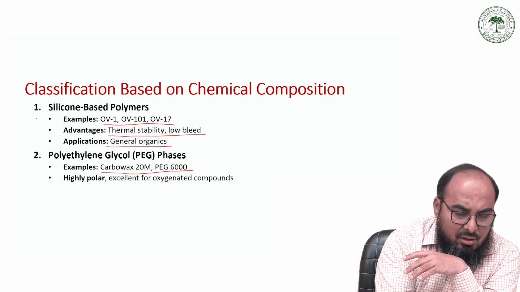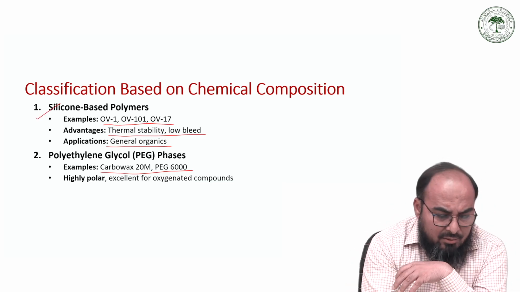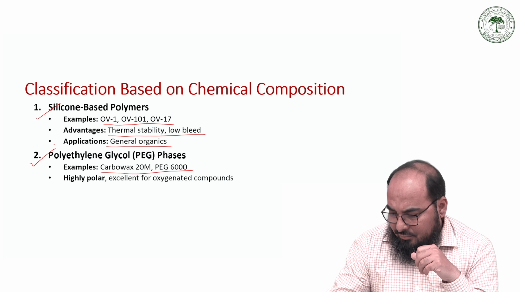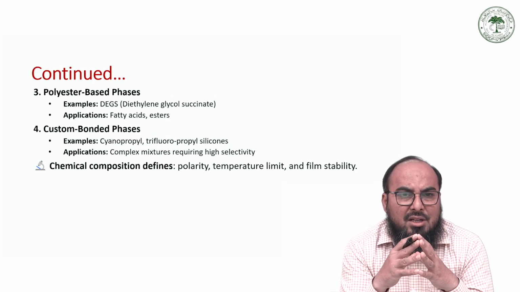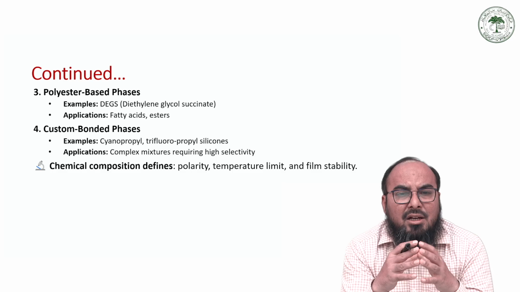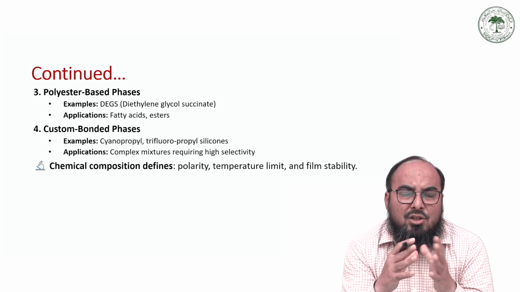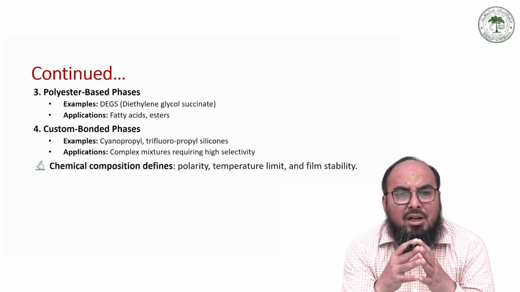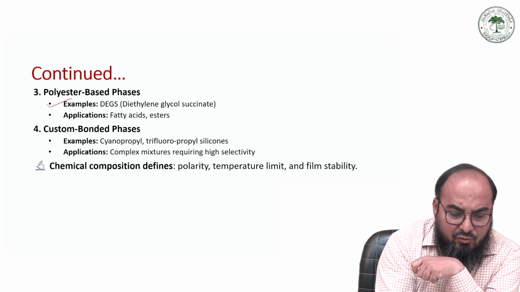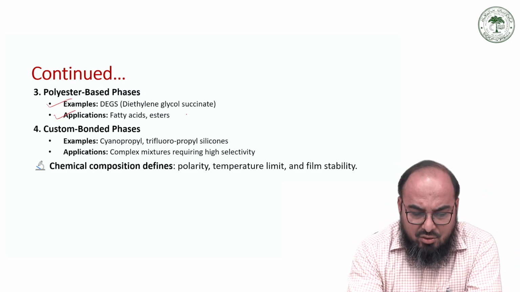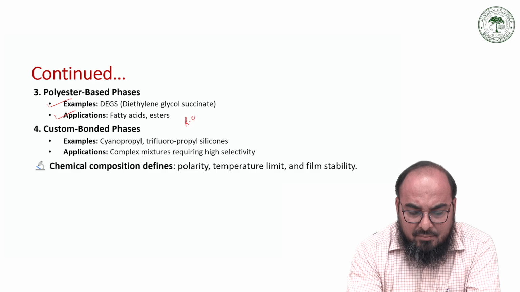Another example of a polar phase is polyester based, called diethylene glycol succinate. It is also a derivative of polyethylene glycol. Similarly, you can separate fatty acids and esters.